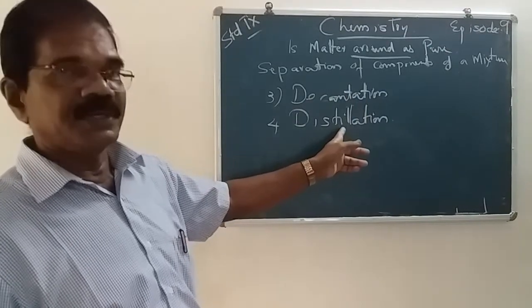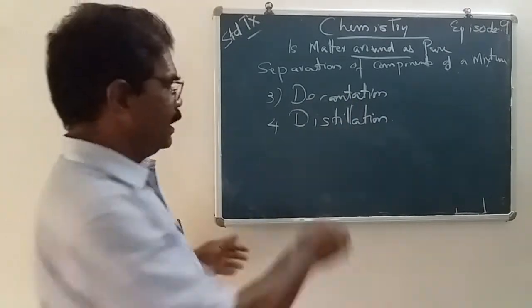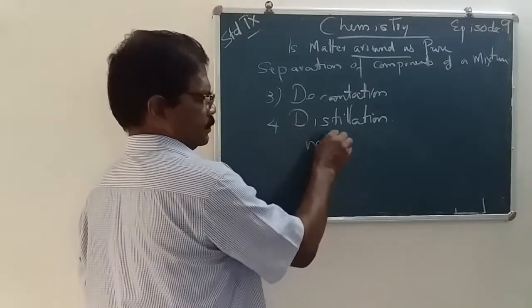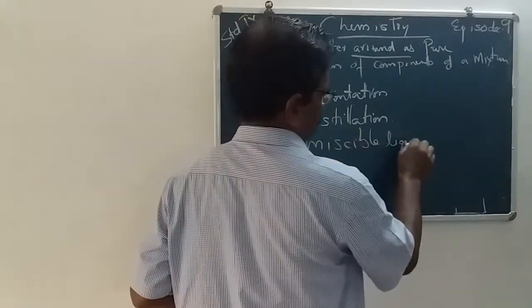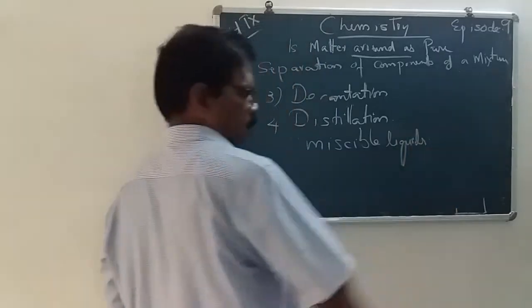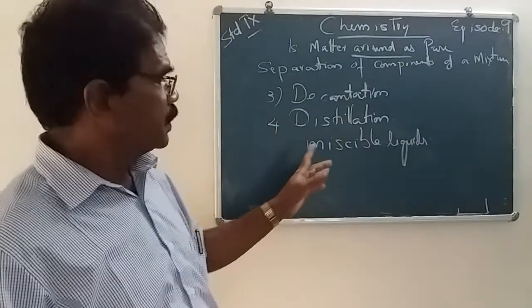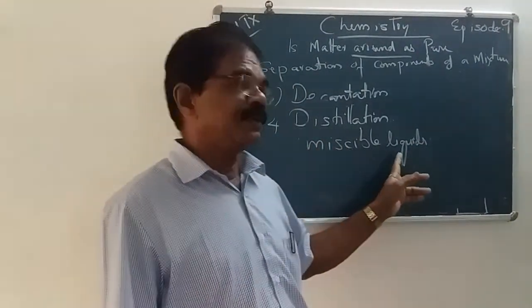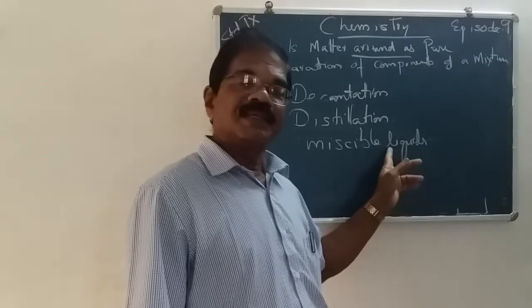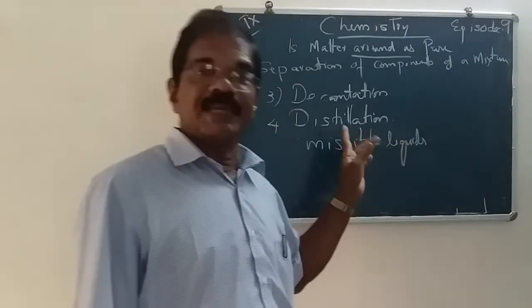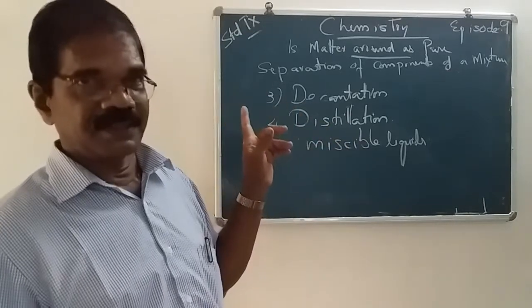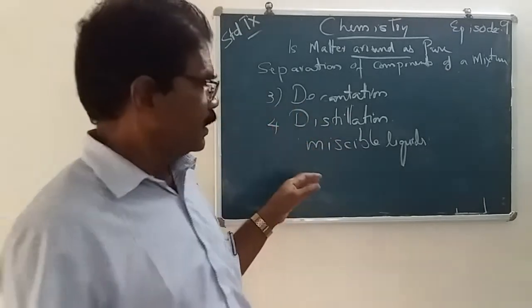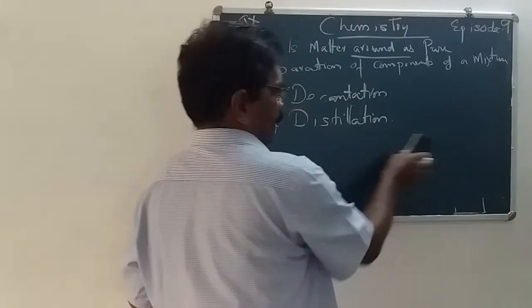Distillation is used for separating two miscible liquids whose boiling points differ. The difference between the boiling points must be above 25 degrees centigrade. For example, acetone and water.